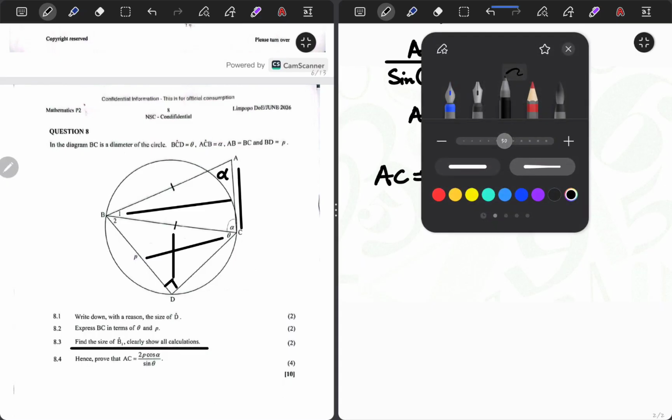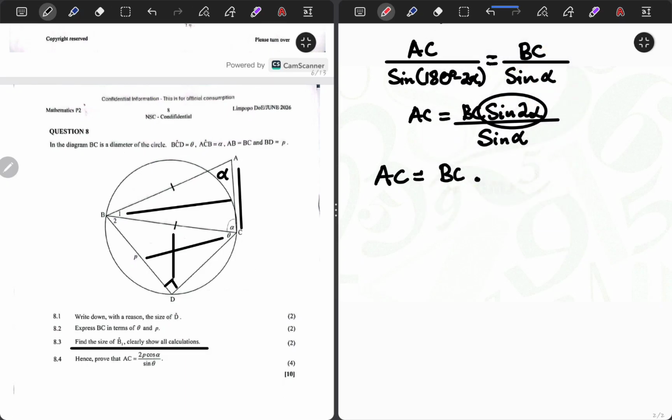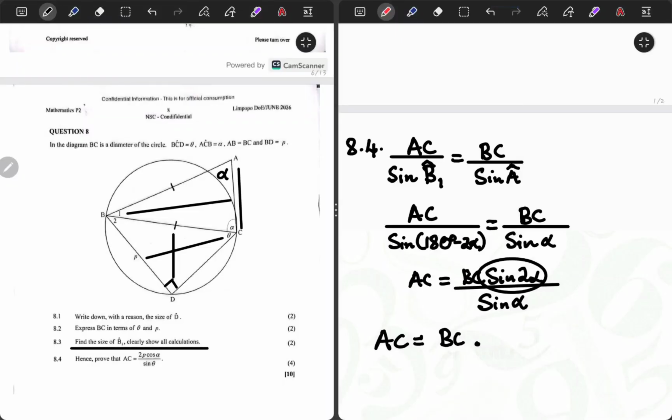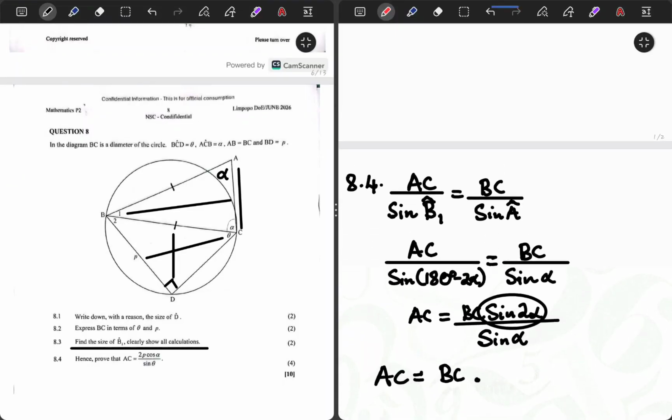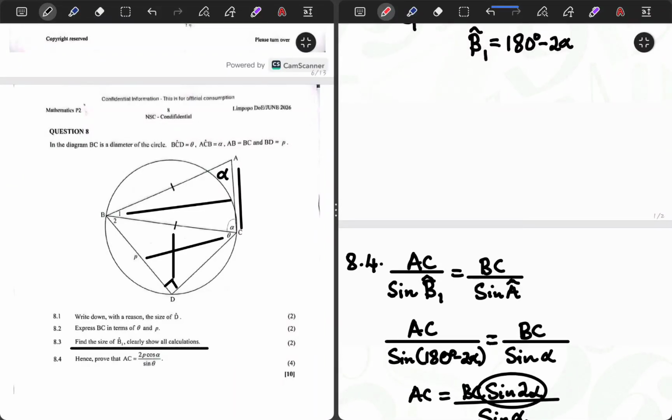The grade 12 rule for the double angle of sine, let me write it here for the grade 11s to be familiar with it. If you have sine 2 alpha, according to the double angle of sine in grade 12, this is the same as 2 sine alpha cos alpha.